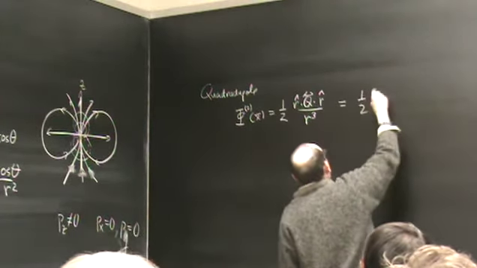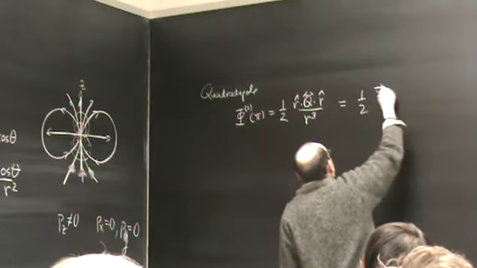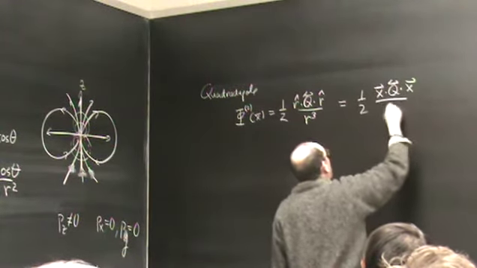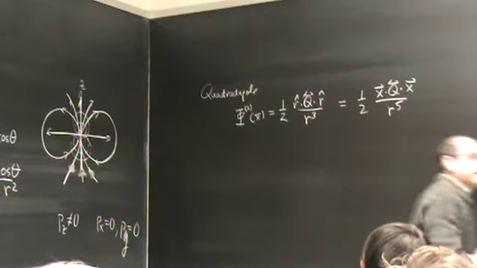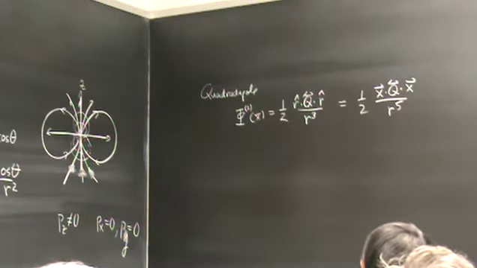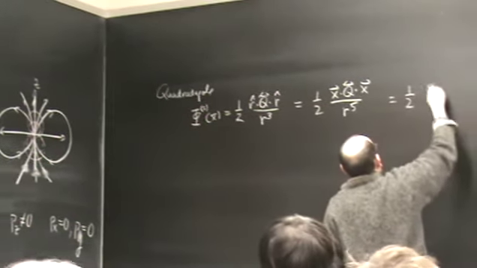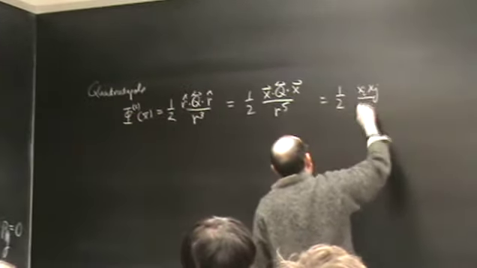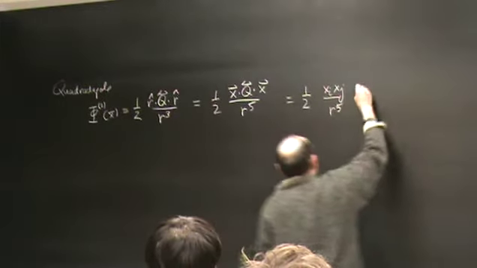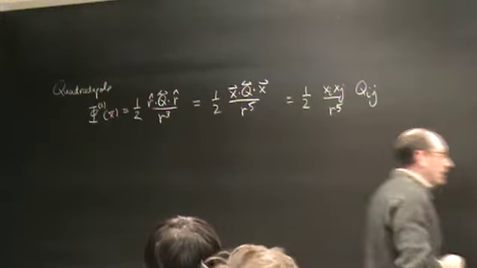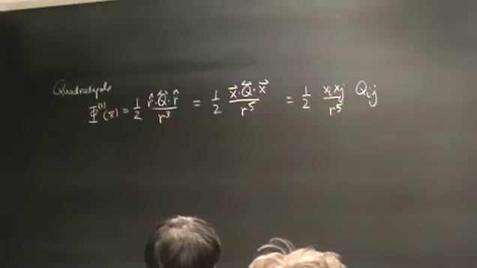This is a half x dot Q dot x over r to the fifth, or 1/2 x_i x_j over r to the fifth Q_ij, summed over i and j, according to the summation convention.